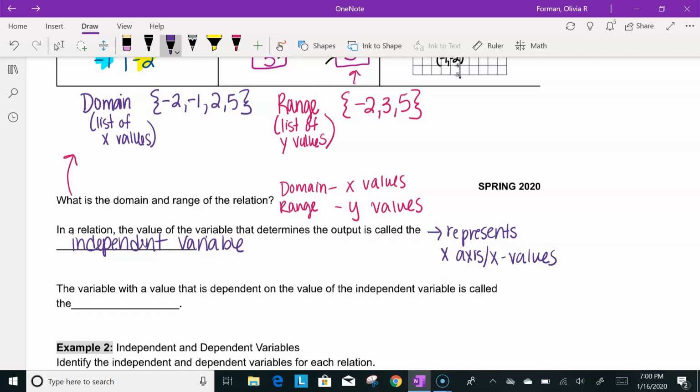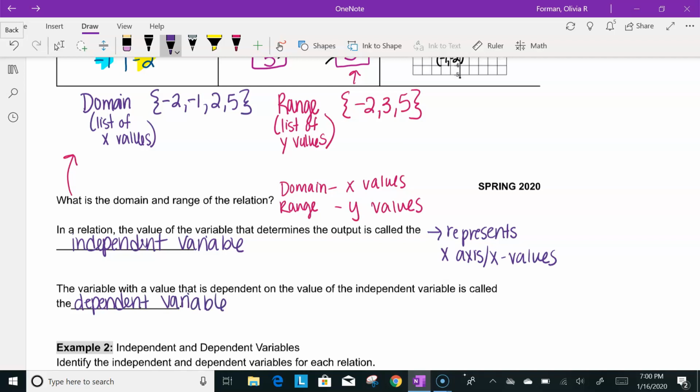So a lot of times if you're given a graph or some sort of relation and it wants you to graph it, if it is involving an independent and dependent variable, the independent variable is going to be represented on the x-axis. The variable with a value that is dependent on the value of the independent variable is called the dependent variable.